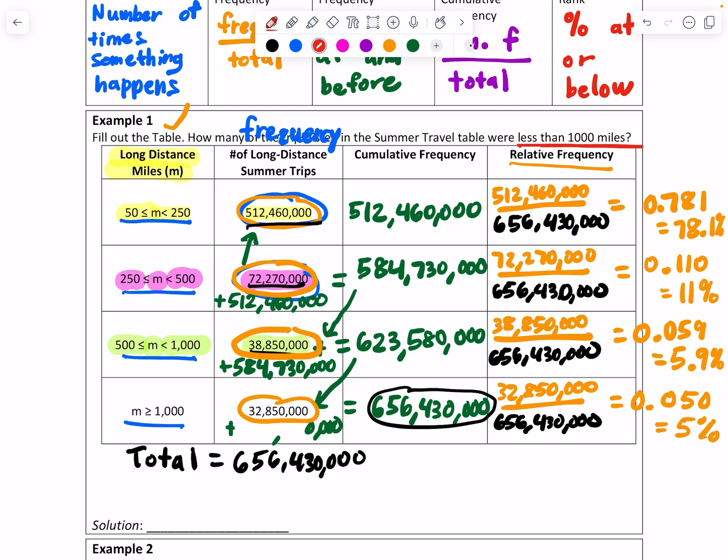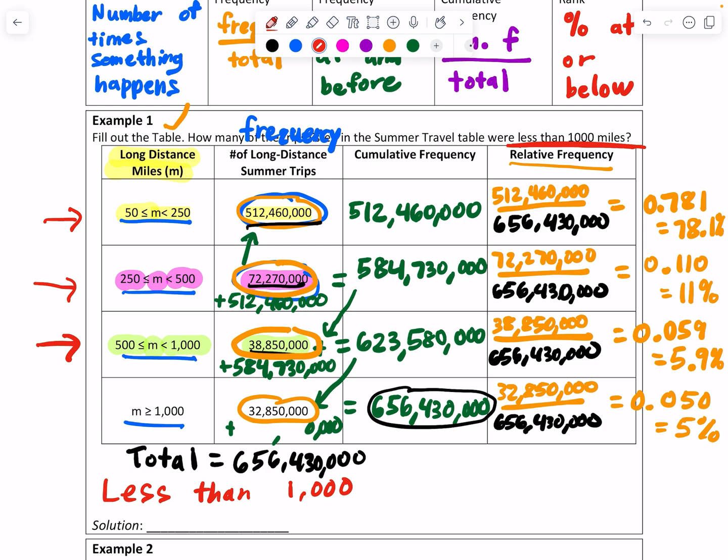Less than 1,000 miles, that's the part we're answering. Here's 1,000 miles, and it could be anything less than that. So it could also be 250 to 500 miles. It could also be 50 to 250 miles. All three of those fall into that category of trips that were less than 1,000 miles.